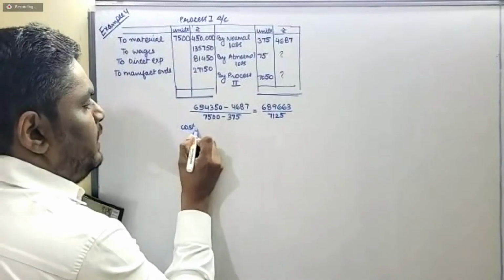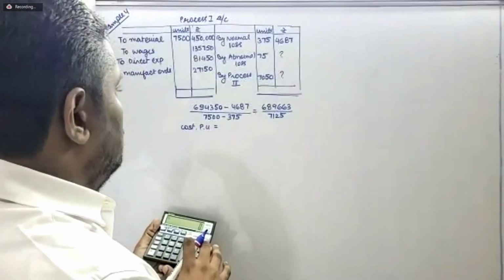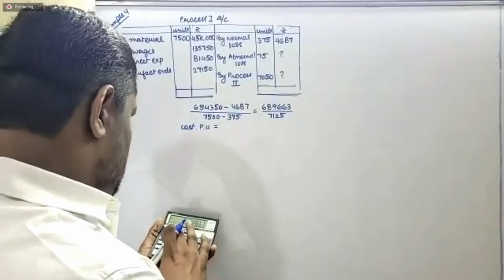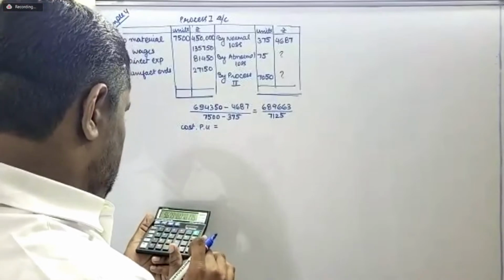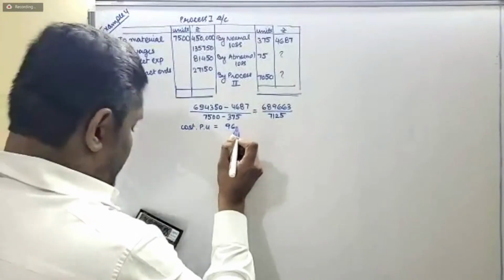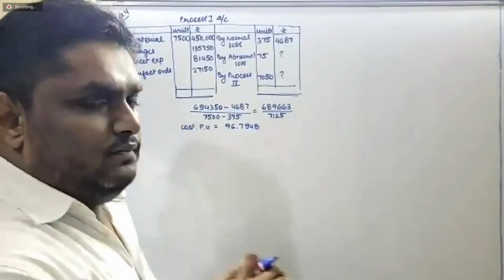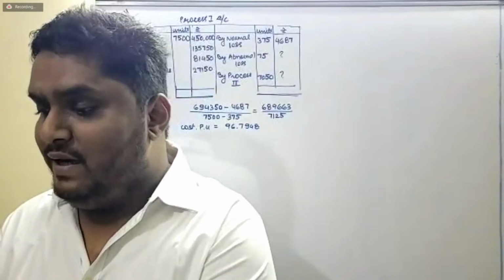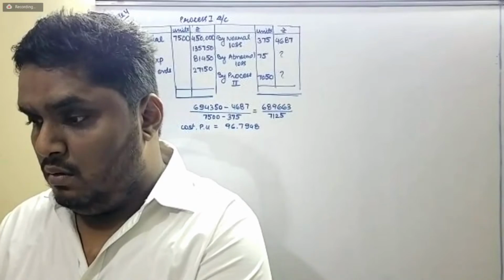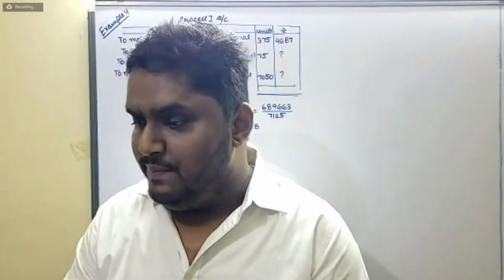So my cost per unit will be 96.7948. Let me check.